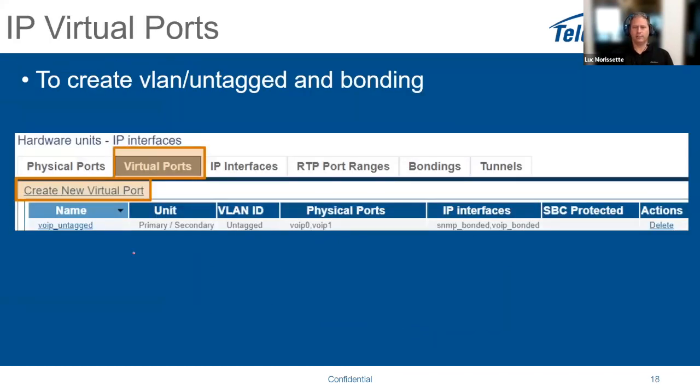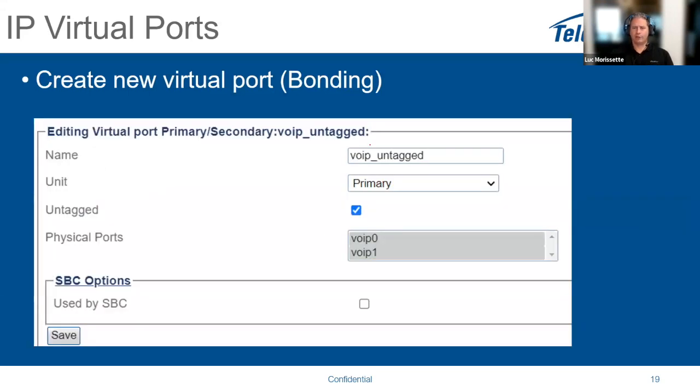So let me show you this. In virtual ports here, you can create your VLAN or, of course, untagged traffic here. And then you can configure your bonding. Here we see the result is bonding of the two VoIP ports together. And the configuration is done like this.